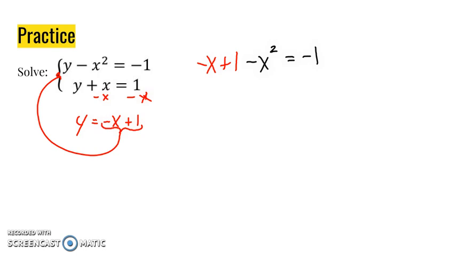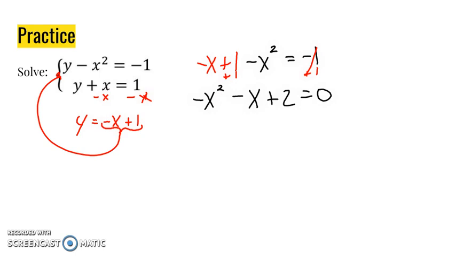And before I factor, I have to make sure that it equals 0. So I'm going to add 1 to get that over there so that it equals 0. Then I want to put it in standard form. So I've got my negative x squared first, then my minus x, then my plus 2 equals 0.